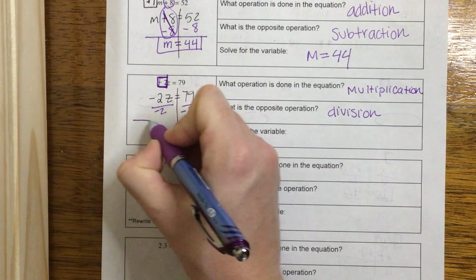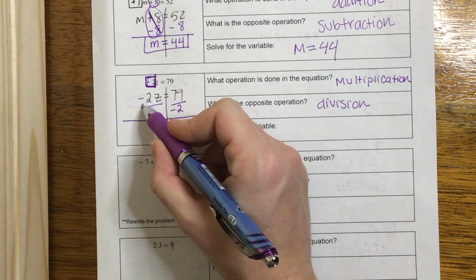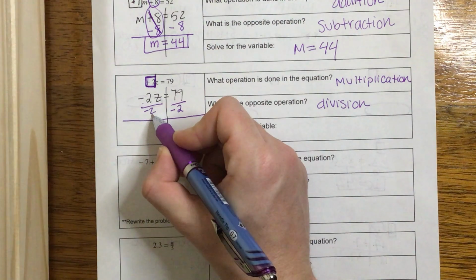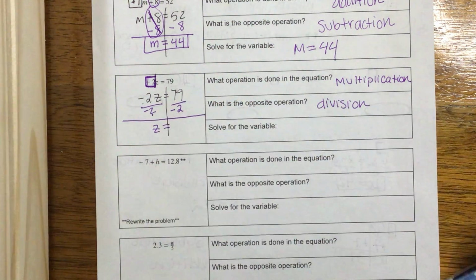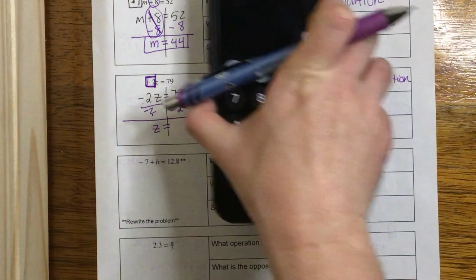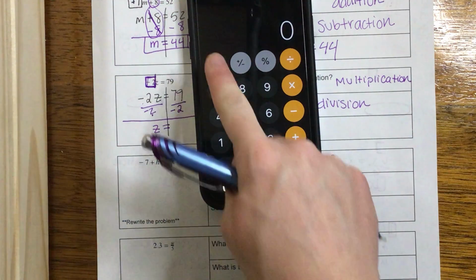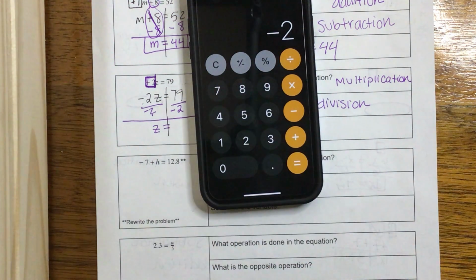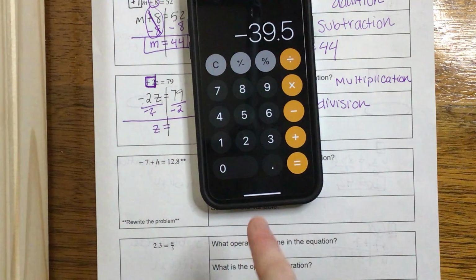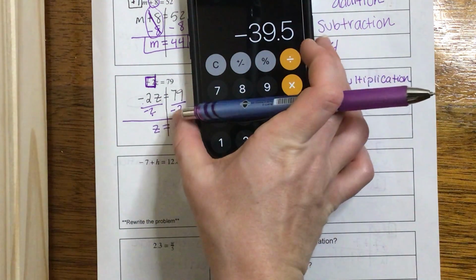Then I draw my line underneath. Negative 2 divided by negative 2 is 1. We just get z. Get our handy dandy calculator. 79 divided by negative 2 is negative 39.5.